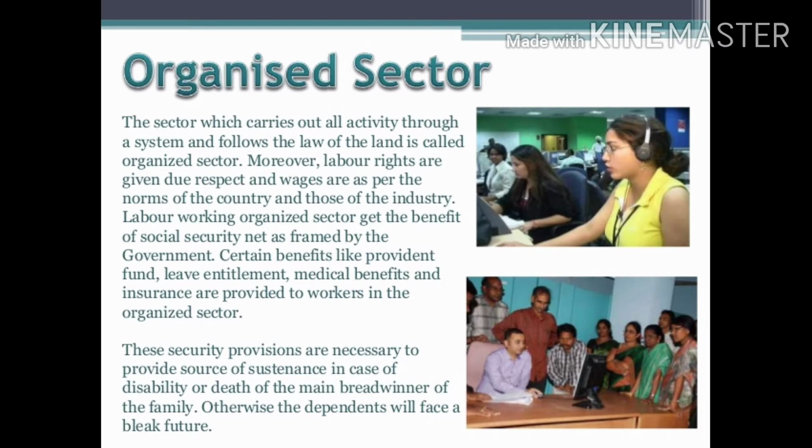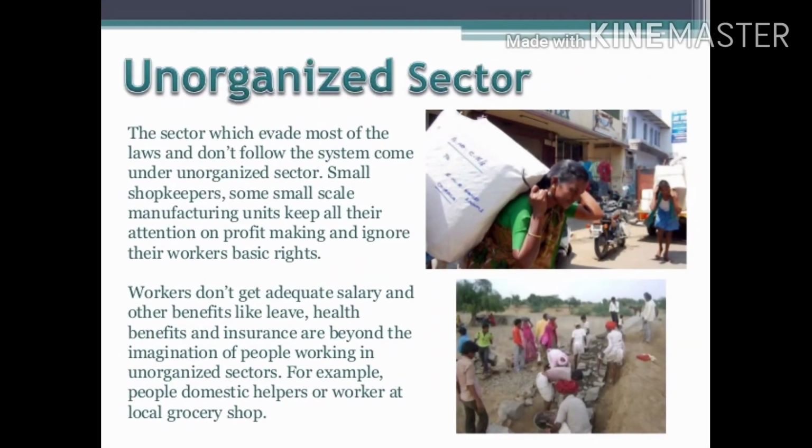Labor working in the organized sector get the benefit of social security and job security, as funded by the government. So certain benefits like provident fund, leave entitlement, medical benefit, and insurance are provided to the worker in the organized sector. And these security provisions are necessary to provide a source of sustenance in case of disability or death of the owner.